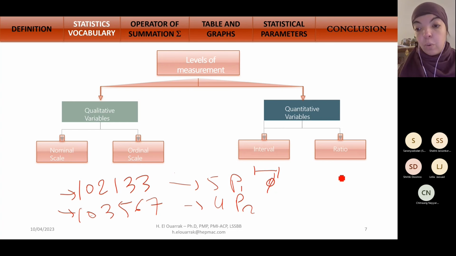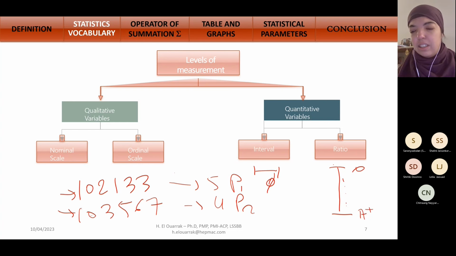Versus the ratio, where the more we go to the end, the higher it gets. So if I'm taking grades, a grade of 0 is a true 0, meaning the student is not performing, and a grade of A plus is a student that's performing well.